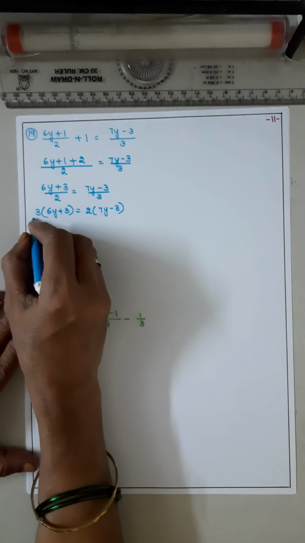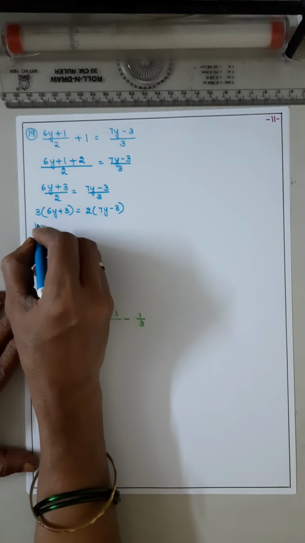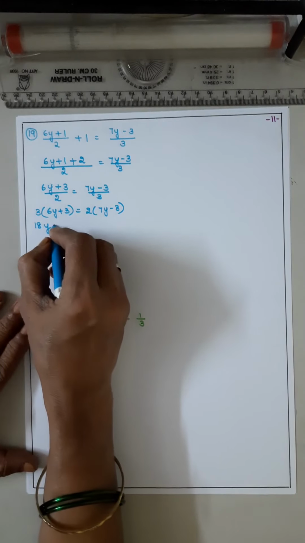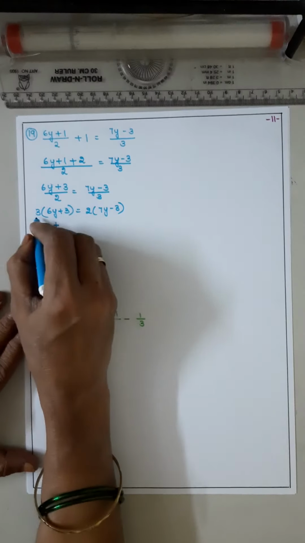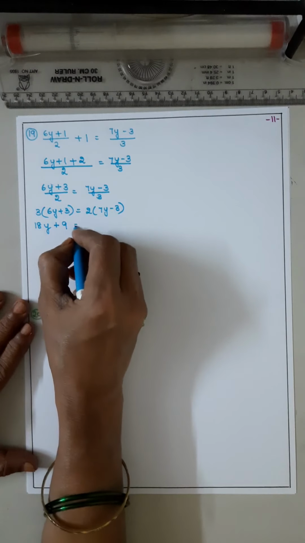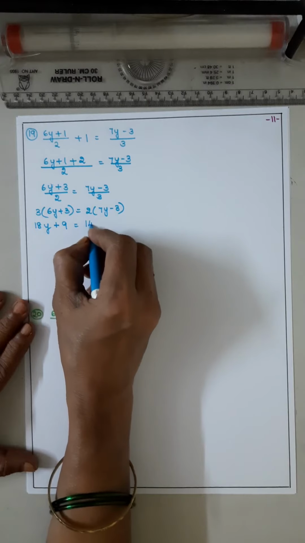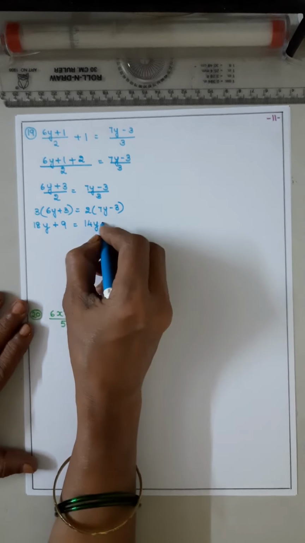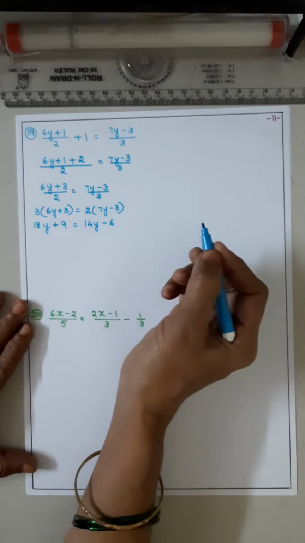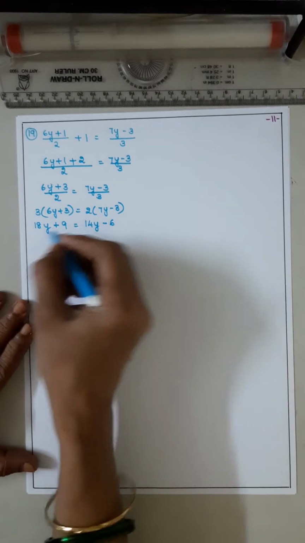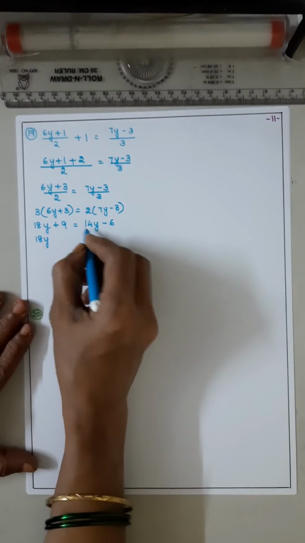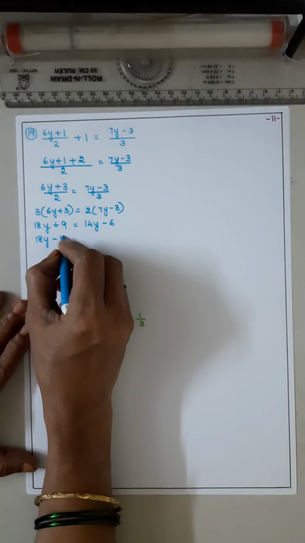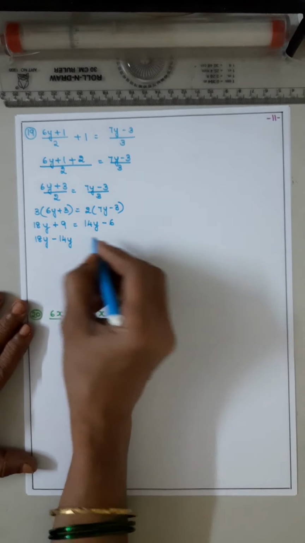Now here, 3 6s are 18y plus 3 3s are 9, equals 2 7s are 14y minus 2 3s are 6. Now 18y, take this to the left side, minus 14y.